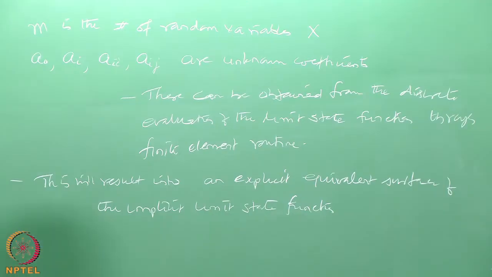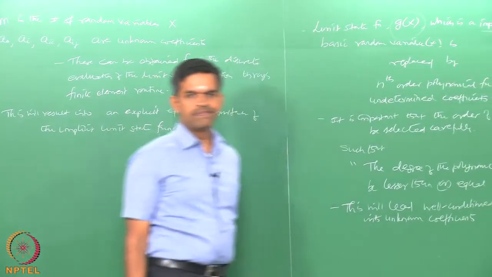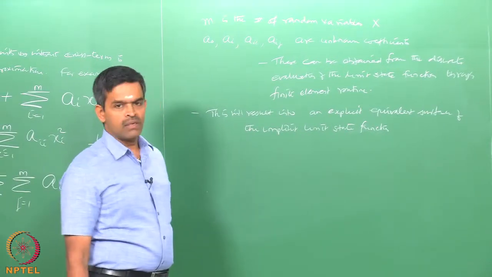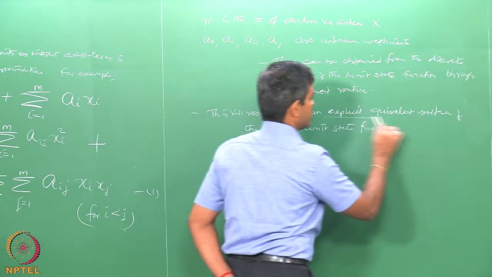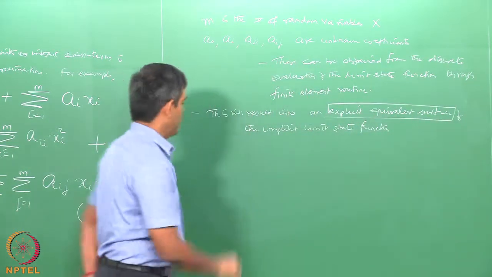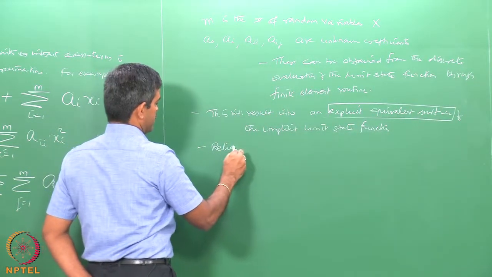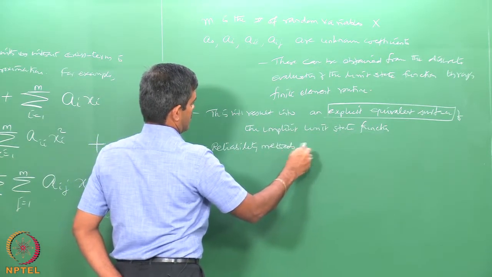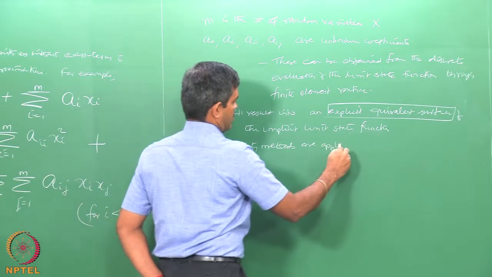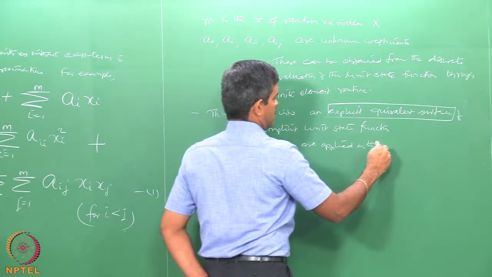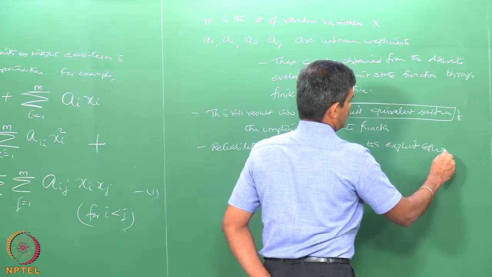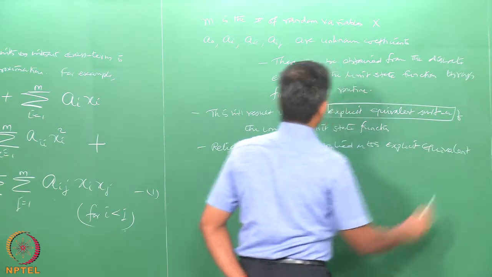Because the original function is an implicit function, I will apply the reliability methods on the explicit function. So, reliability methods are applied on this explicit, I should say equivalent function.